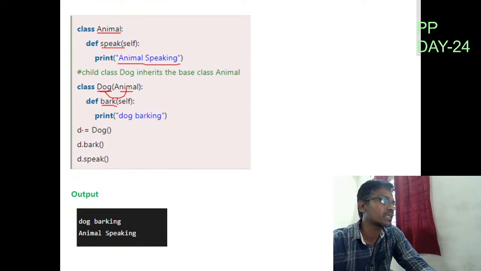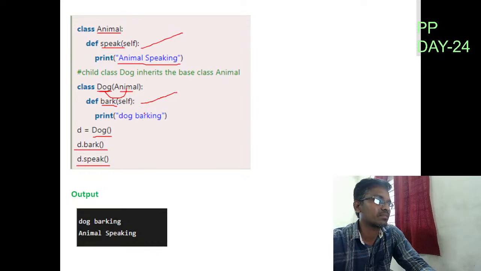I create an object D for the derived class, and by using that D I can access functions in the base class as well as functions in the subclass. So that is about simple inheritance.